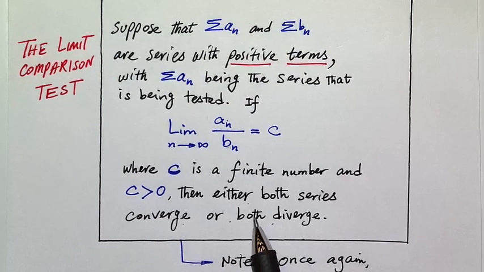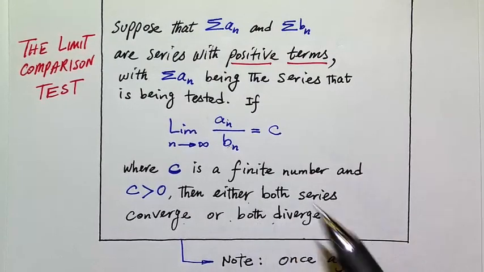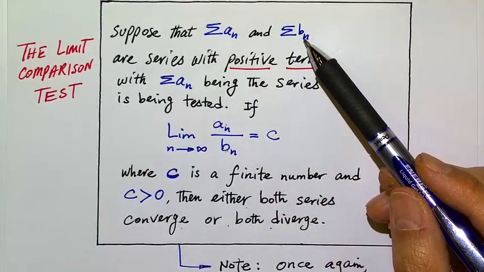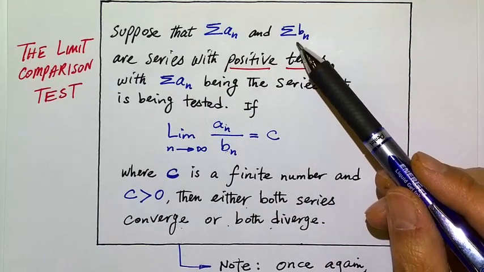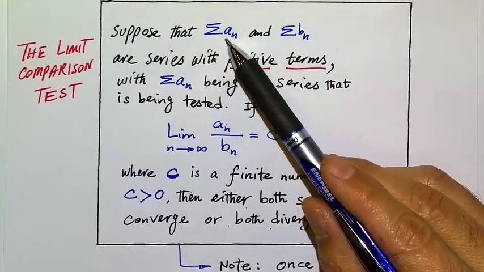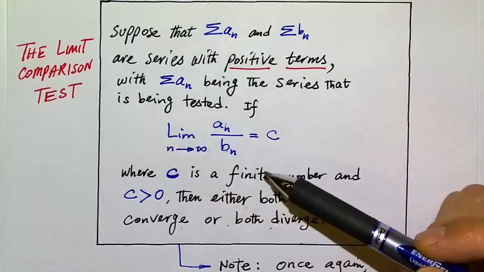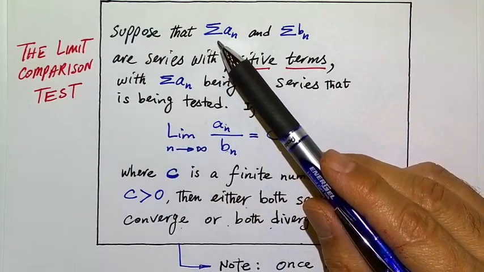Okay, this is very important. It's important because this series B sub n should be a series that we know how it's going to behave. Because if it's diverging, the series that we're testing is going to diverge too, using the limit comparison test. If it's converging, the series we're testing also converges.